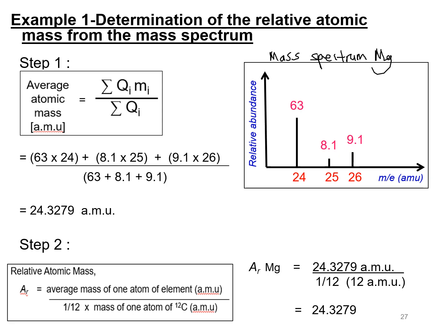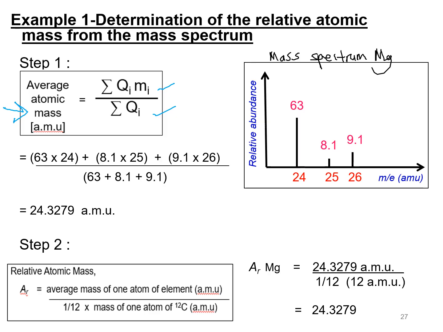So, macam manalah kamu nak buat ni? Okay, kalau ikutkan step yang pertama, dia suruh kamu cari average atomic mass kan? Okay, macam nak cari average atomic mass? Basically, the summation of percentage abundance kalikan dengan isotopic mass bahagikan dengan summation of percentage abundance or relative abundance.